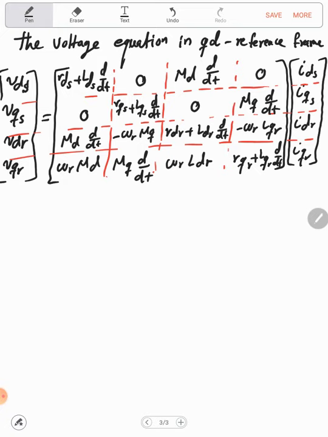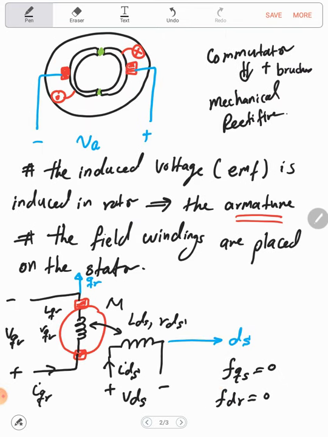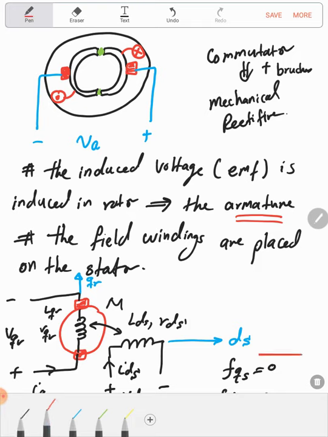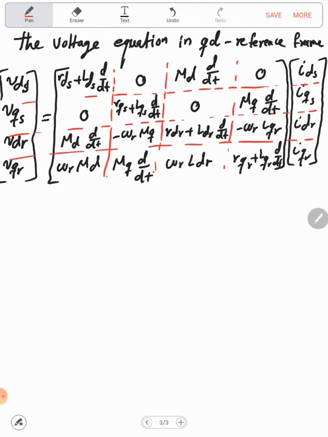Now, in the DC machine, as we stated here, we don't have any coils placed along the QS and the DR directions, which means that I need to eliminate the second line and the third line from the matrix.